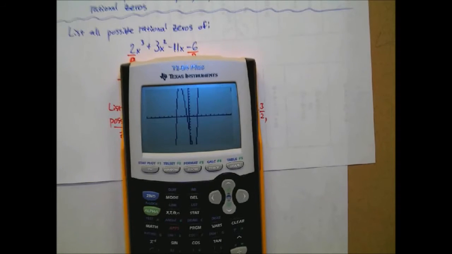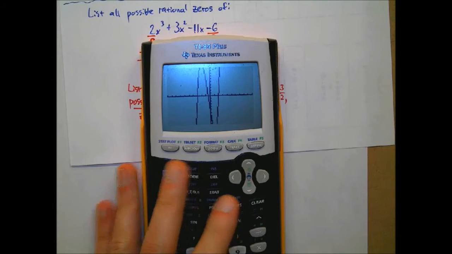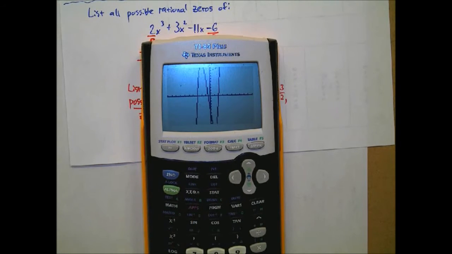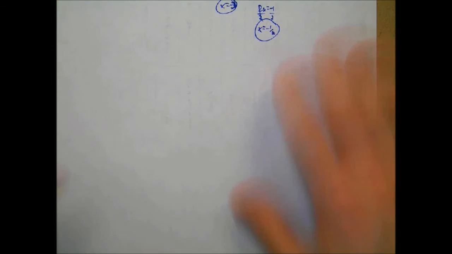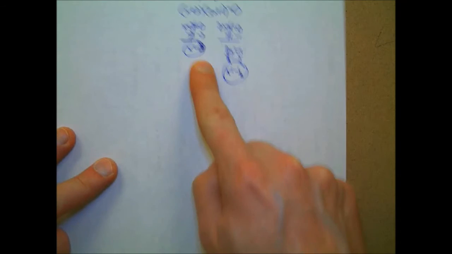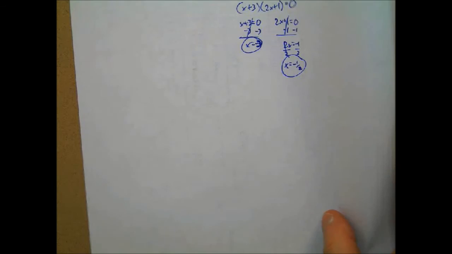Can you see where our polynomial crosses the x-axis here? Where's it cross? Negative 3, where else? Negative 1/2 it looks like, and 2. And isn't that exactly the zeros that we found? 2, negative 3, negative 1/2. So you can also use your graphing calculator to help you with the guesses if you want, because you will be able to use that.